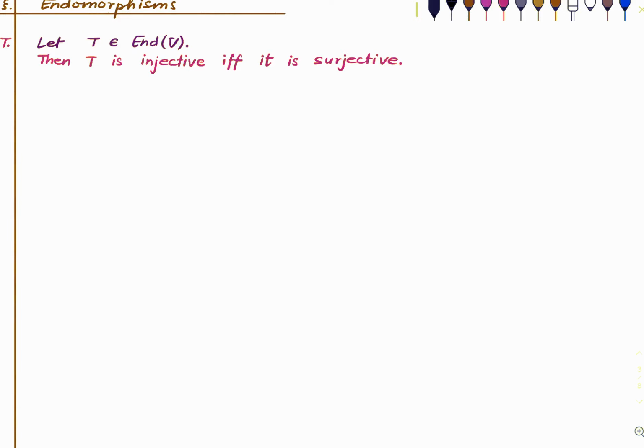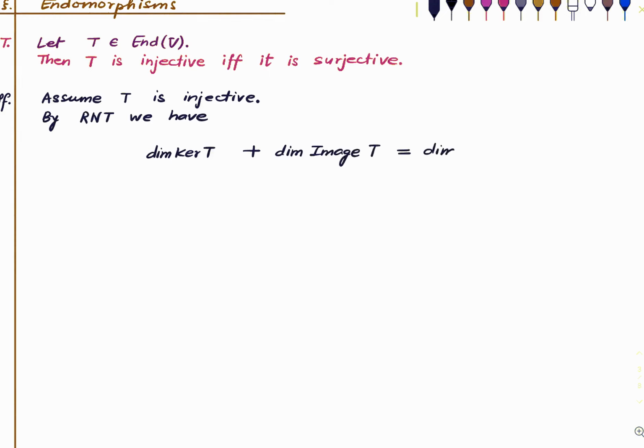So let's prove one direction. There are two directions to prove, but if we give the proof of one of them, the proof of the other direction will be automatically obvious. So assume T is injective. Now by the rank nullity theorem, we have this equation, but by injectivity this is 0.